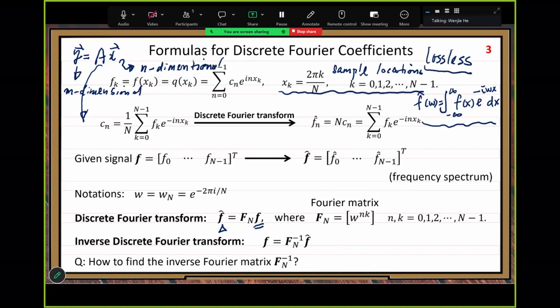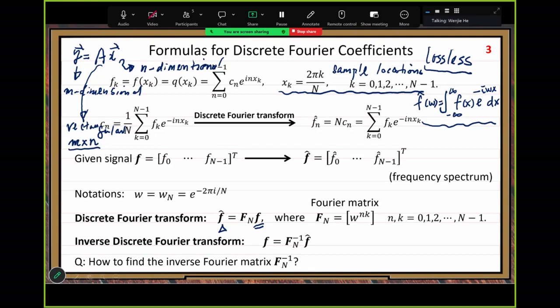So it is a rectangular matrix, an M by N matrix.